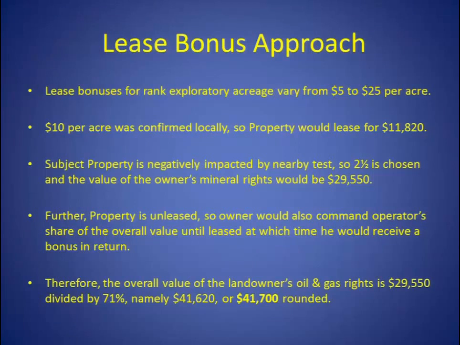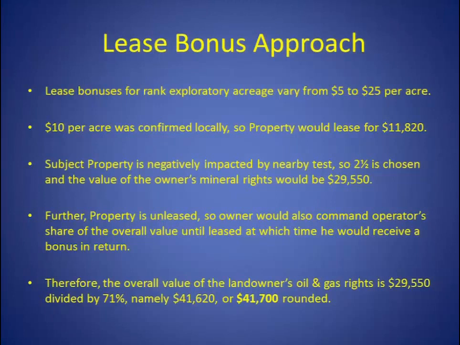Then it's negatively impacted nearby by that dry well. So we chose the low end of the range, 2.5, and it's unleased. So we know that the owner would also, until he leases it out and gets money for the bonus, have his share of the overall value until leasing time when you get the bonus. So if we go back to the chart on the various columns, the 0.71 comes out of that chart.